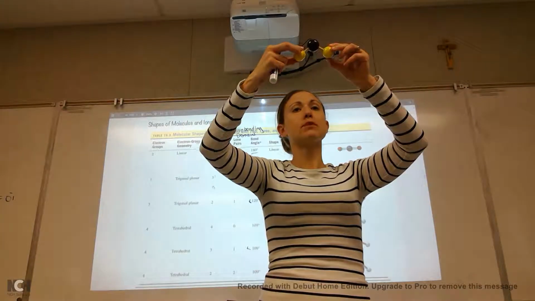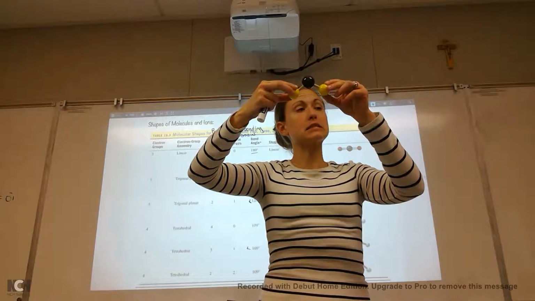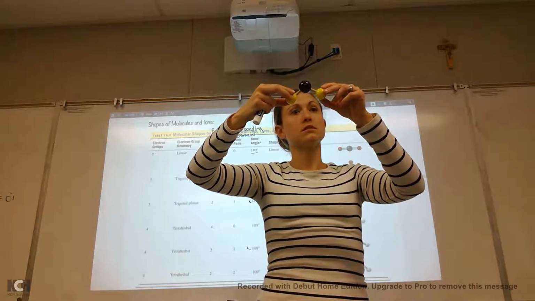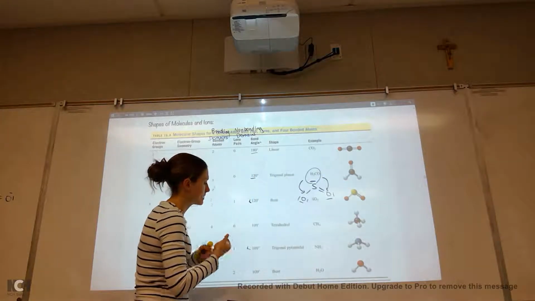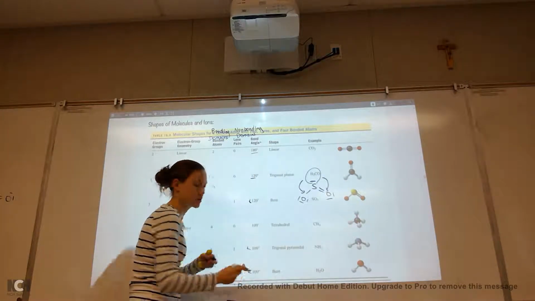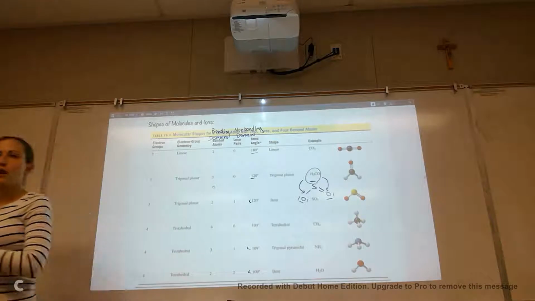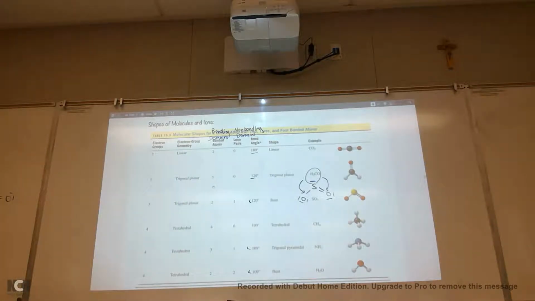So this shape is going to be bent. And its bond angle is going to be less than 109. Okay? Any questions about number of electron domains, electron domain geometry, shape, or bond angle?